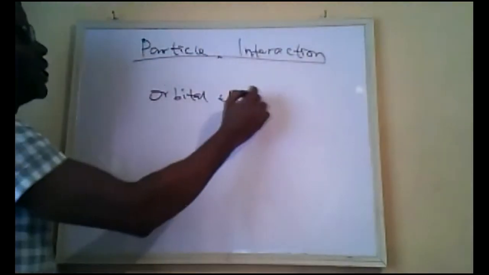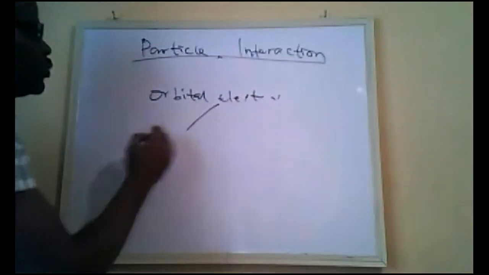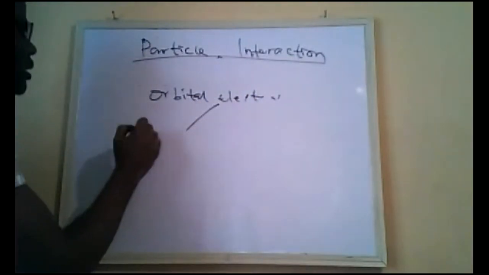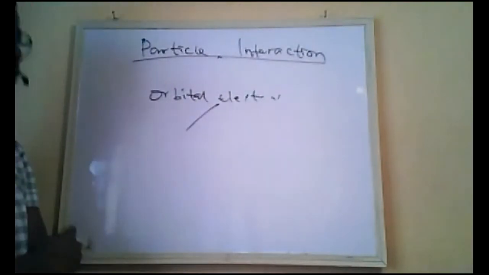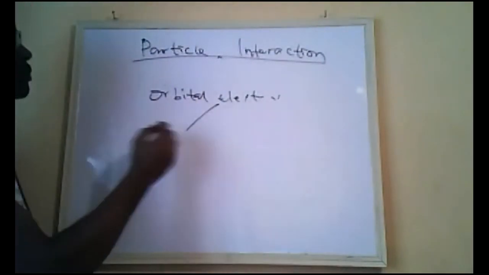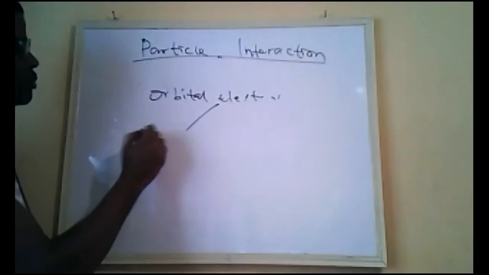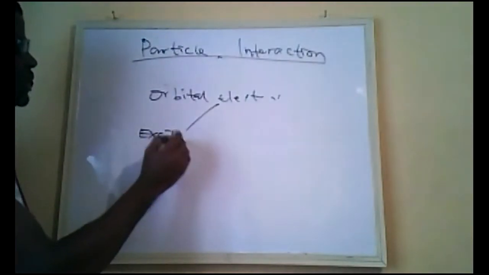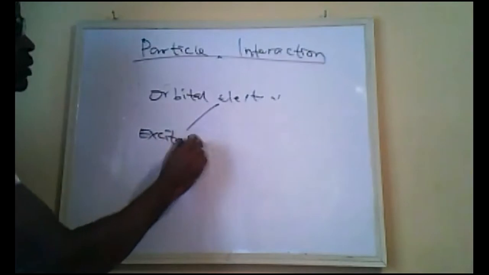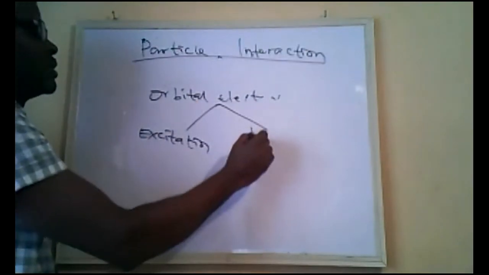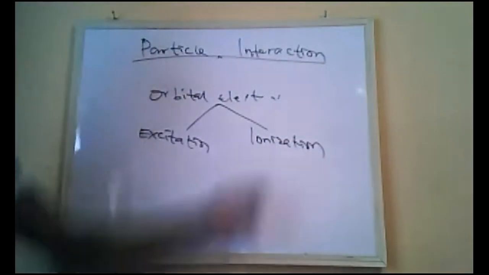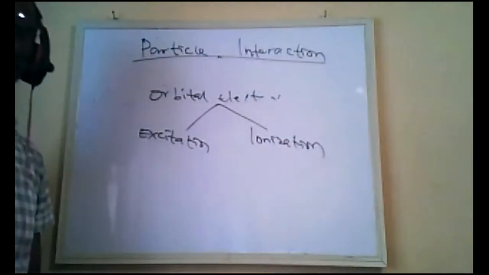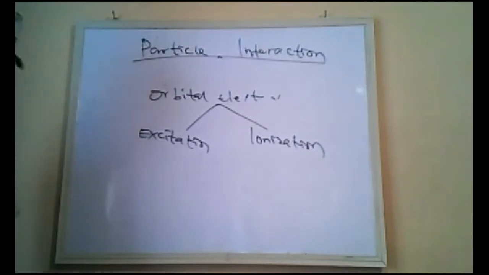For orbital electron interaction, after interacting with the atom, it could make the atom become excited, that is excitation, or ionize it, that is ionization. Ionization requires some higher energy. For soft tissue, it requires higher energy.